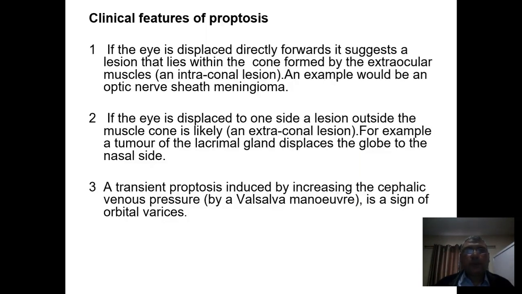So, intraconal lesions will produce forward axial proptosis, for example optic nerve sheath meningioma. Number two, an extraconal lesion outside the muscle cone, which is the four recti, will produce displacement of the globe in the opposite direction of the swelling.